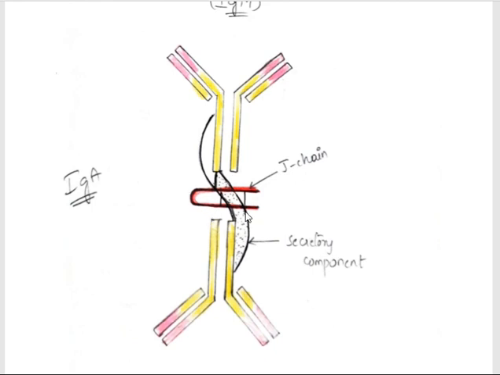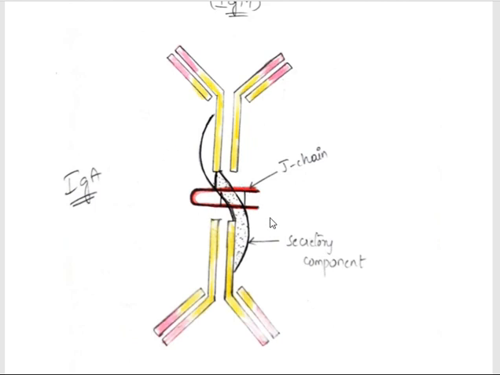This J chain has a molecular weight of 15,000, and the secretory component about 70,000. So this is about the secretory IgA, which is a dimer containing IgA1 and IgA2 in equal proportions. Okay, then we are going to move to the biological properties of IgA.